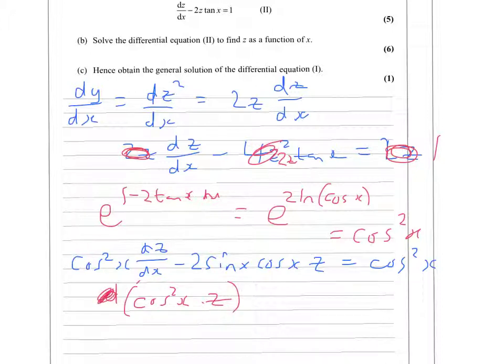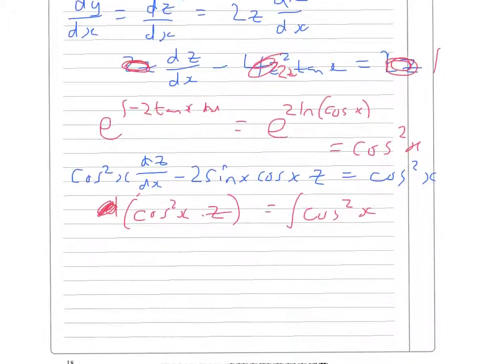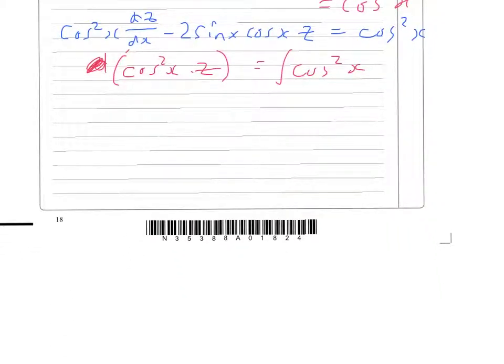Now I'll integrate to get rid of the differential bit. So that equals the integral of cosine squared x. And just making a bit of space here, changing the colour back to blue, we get cosine squared x times z. I'll write it that way around, it looks a bit better, equals, now we need to integrate cosine squared, so we write it in the usual way as half cosine 2x plus 1, like that.